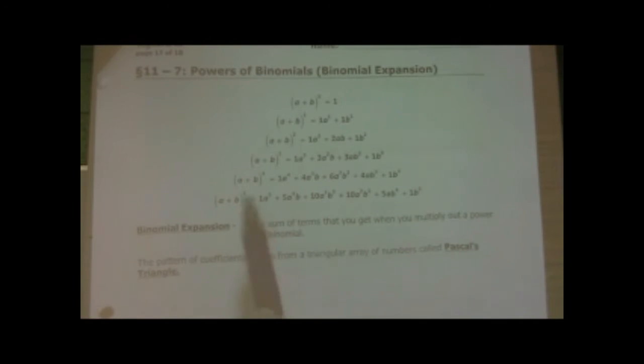That's why we call it binomial expansion. It's a binomial to a power, and we're expanding it out. Once you learn how to do this, it's really not too tough. So binomial expansion is the sum of terms that you get when you multiply out a power of a binomial.